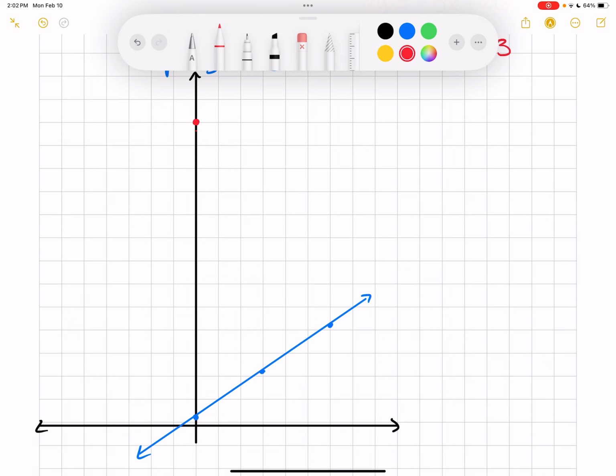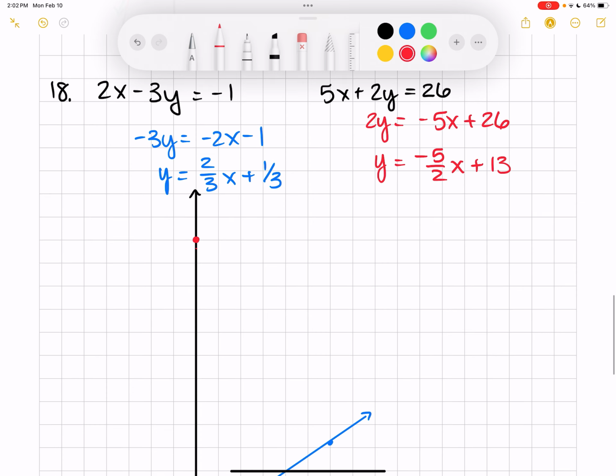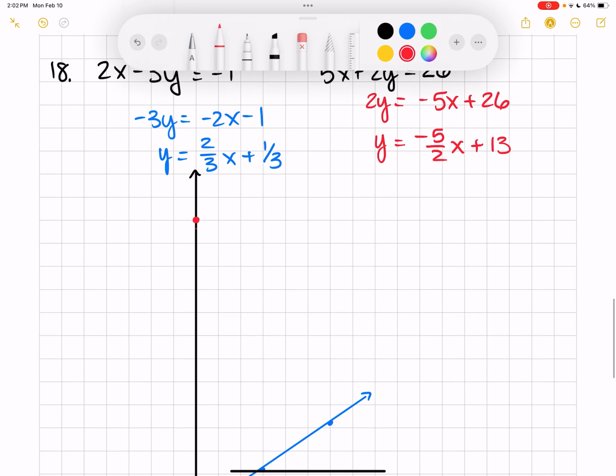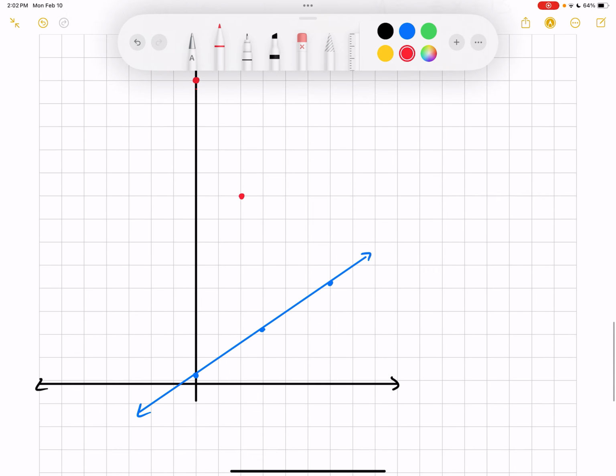Okay. Now my slope is -5/2. That means I go down 5, right 2, because it's negative. So down 1, 2, 3, 4, 5, and then right 2. Got to keep going. Down 1, 2, 3, 4, 5, right 2.